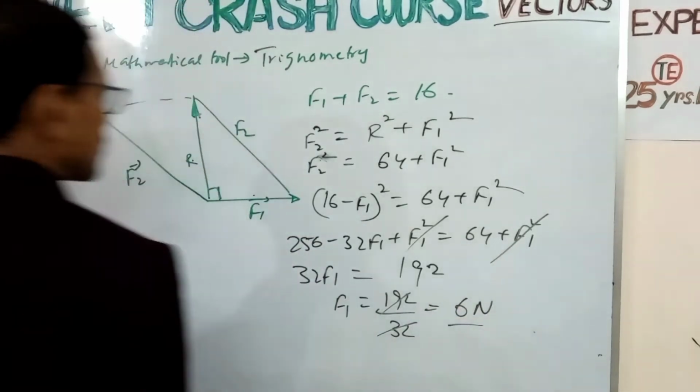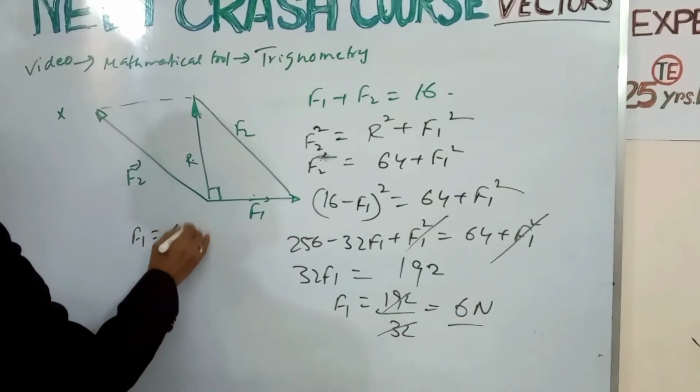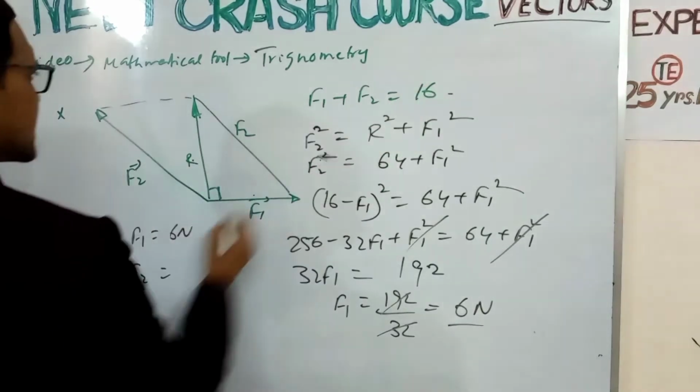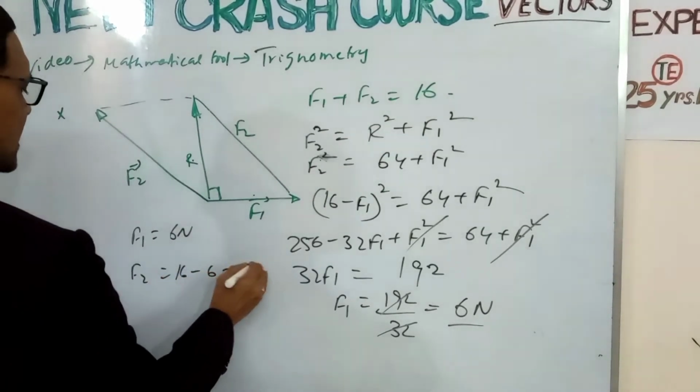So F1 equals 6 Newton, and F2 is obviously 16 minus 6, that is 10 Newton.